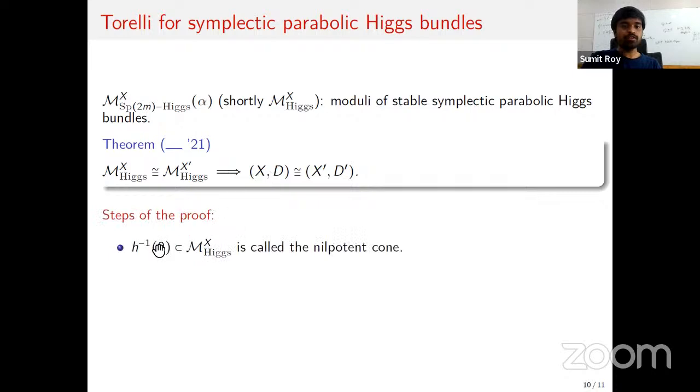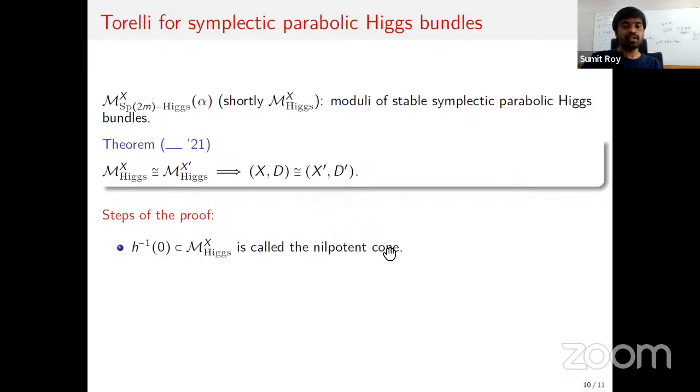Steps of the proof. H is the Hitchin map, and H inverse 0 means those characteristic polynomials whose coefficients are all 0. So that is exactly of the form x to the power r, which is nilpotent.